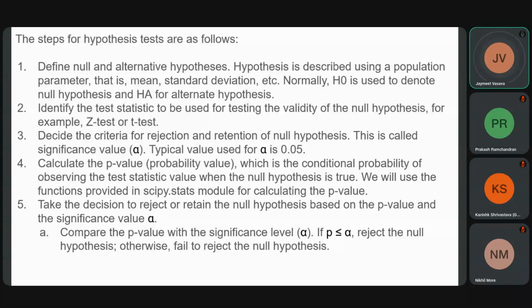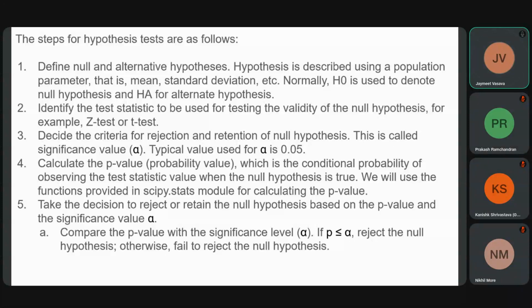For calculating the probability value, which is the conditional probability of observing the test statistic value when the null hypothesis is true, we will use the functions provided in the scipy.stats module.